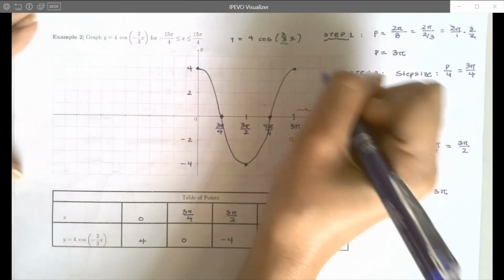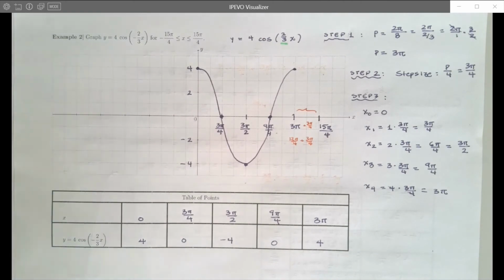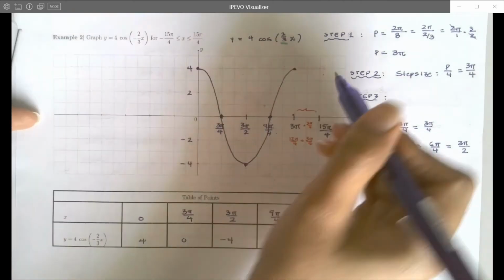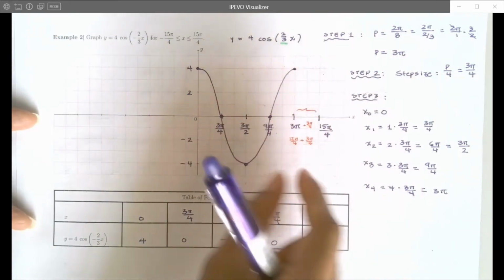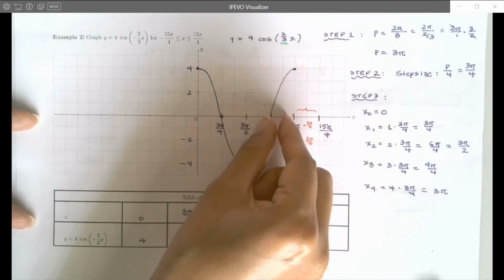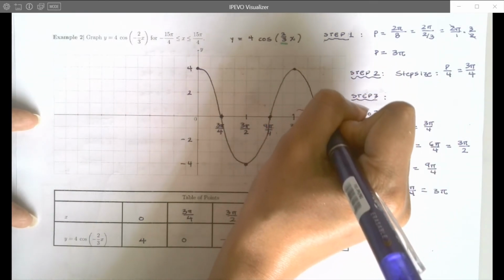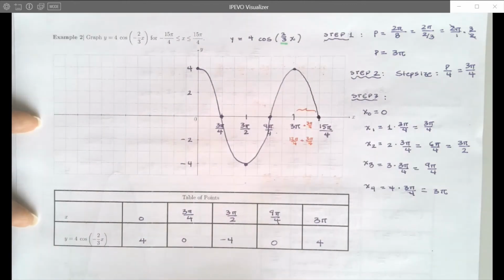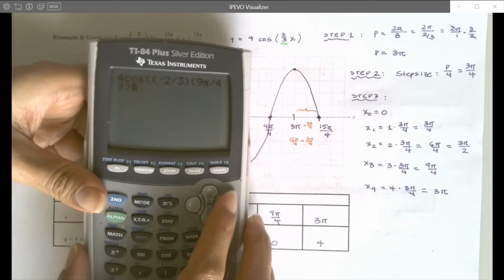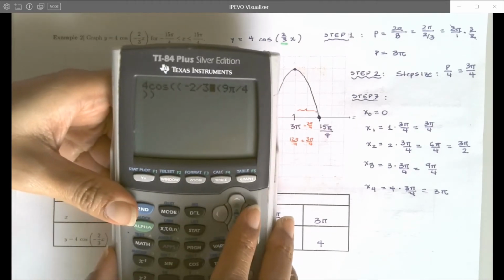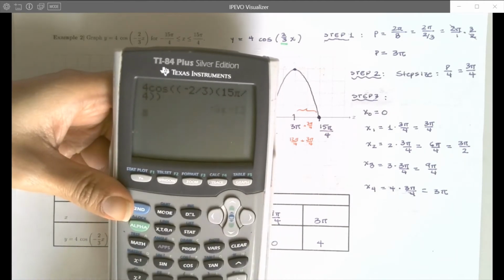So if you punch it into the calculator, there are two things. The first one is we can make an educated guess as to what's going to happen at 15 pi over 4. Since these two are equally spaced apart, we can guesstimate that it's going to go down to 0. But we can always verify it by punching it into the calculator. So instead of having this 9 pi over 4, I'm going to replace that with a 15 pi over 4.